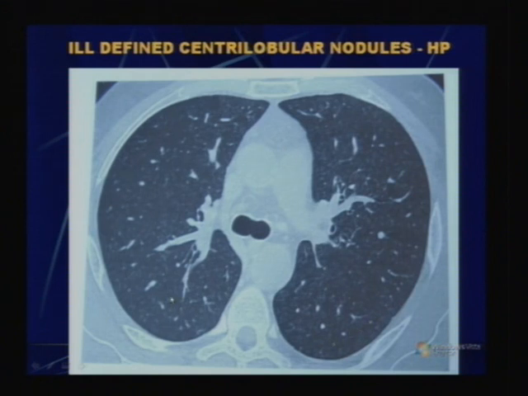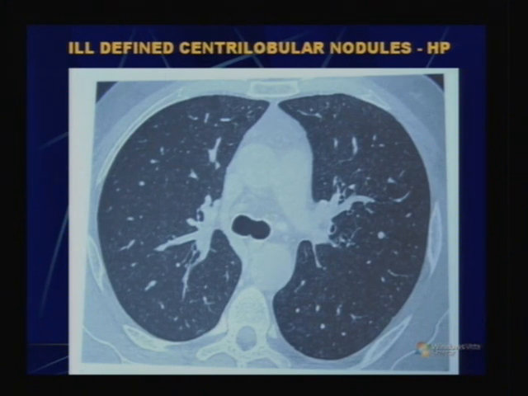Again, in this picture you can see that there are multiple nodules. The important thing here is that they are present in the center of the secondary pulmonary lobule. So once you find these central nodules in these lobules, that indicates that the disease is around the small airways.